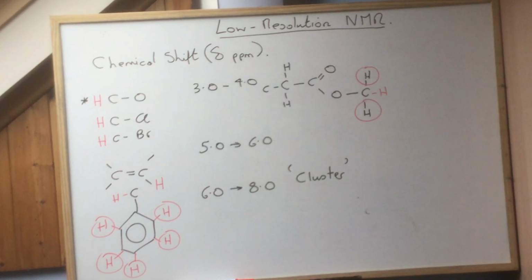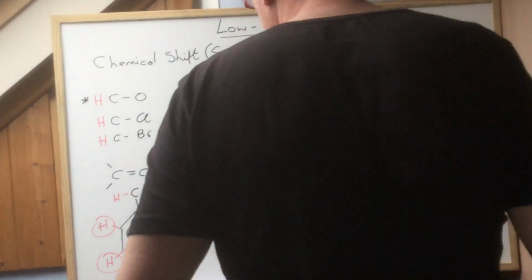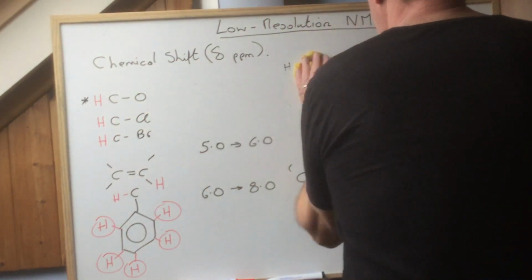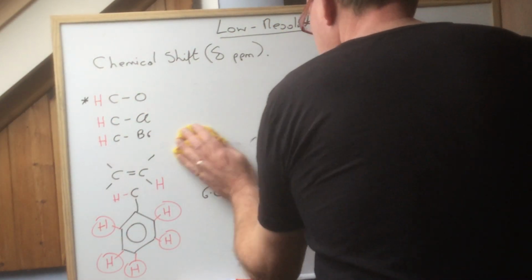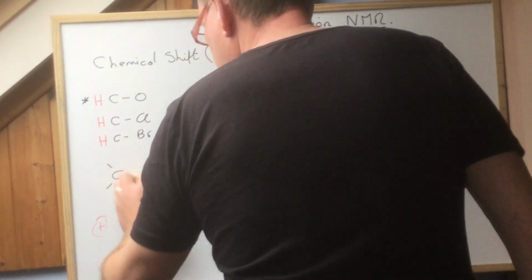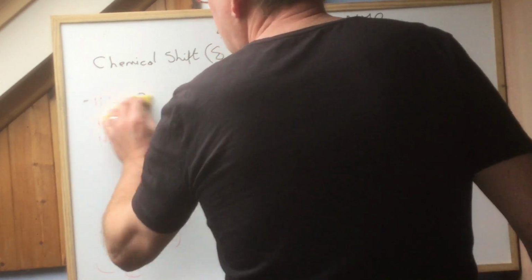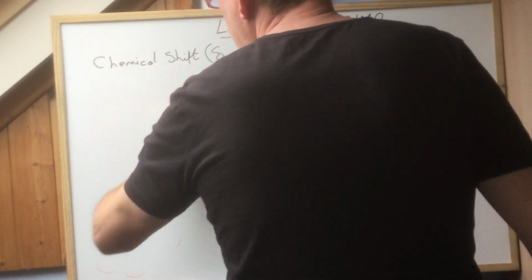These clues, when we actually do examples, will make far more sense. So don't worry about them at the moment. Just suck it up. So nearly done. As I keep saying, 6 to 8, classic aromatic region of the spectrum.